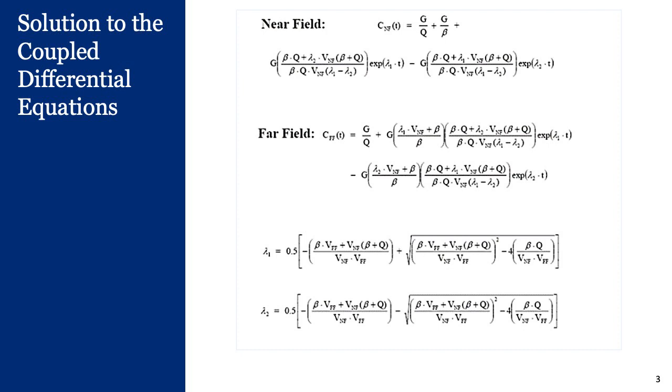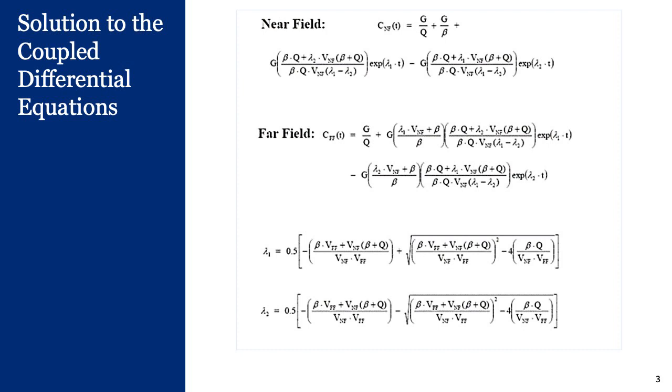Now let's think in a similar way about the far field. So C far field has a G over Q, which is a constant, and then these two more complicated looking terms, but they are both also multiplied by these exponentially decaying terms, exponent of lambda 1 times t and exponent of lambda 2 times t. And so in the steady state, both of these terms will also vanish.